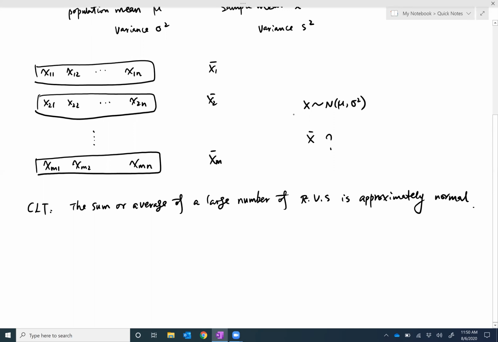That means if we take this random variable and take a lot of samples, then the sample mean is also approximately normal.